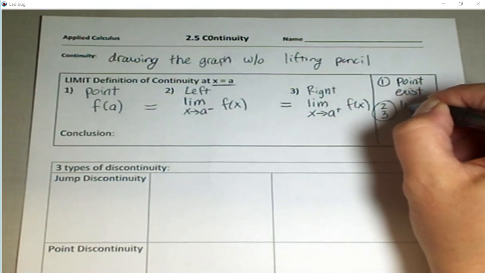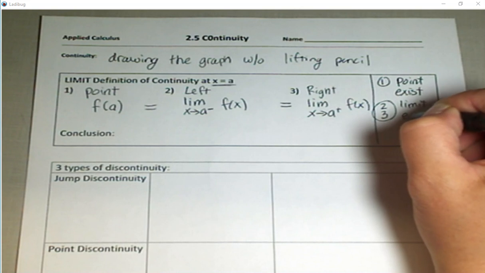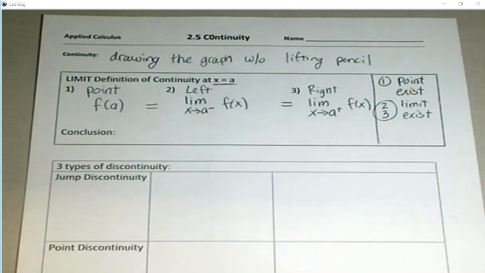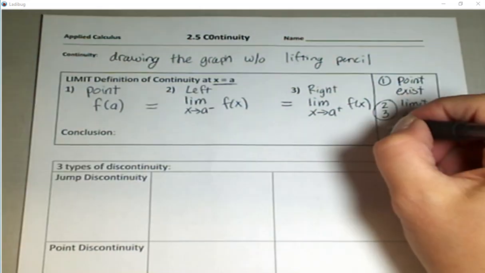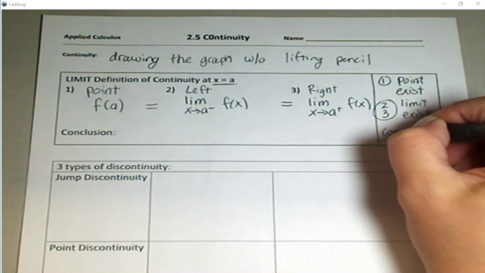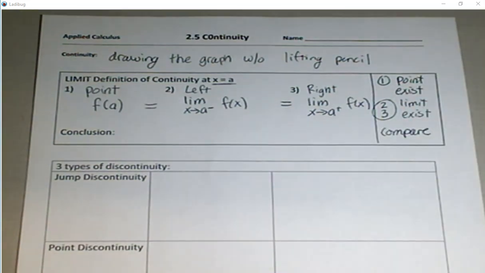This means that the limit, if I say the limit exists, that implies that the left and the right are equal, right? The only way the limit can exist is if the left and the right are equal. And then the conclusion is you compare. You compare the values.